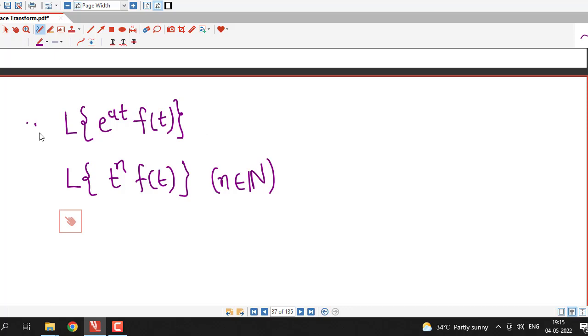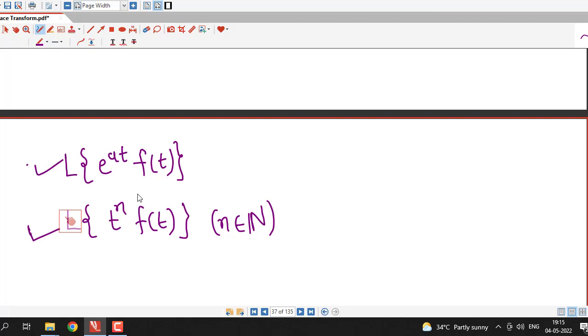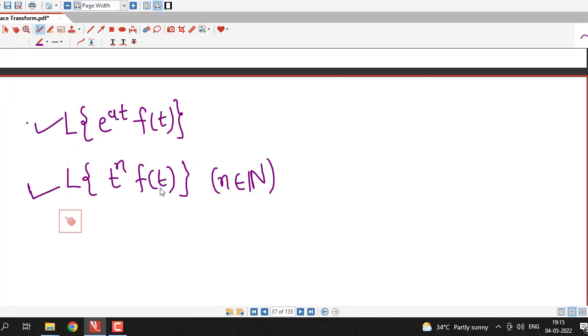This we will remember as first shifting theorem or multiplication by exponential function, and this is multiplication by power of t.